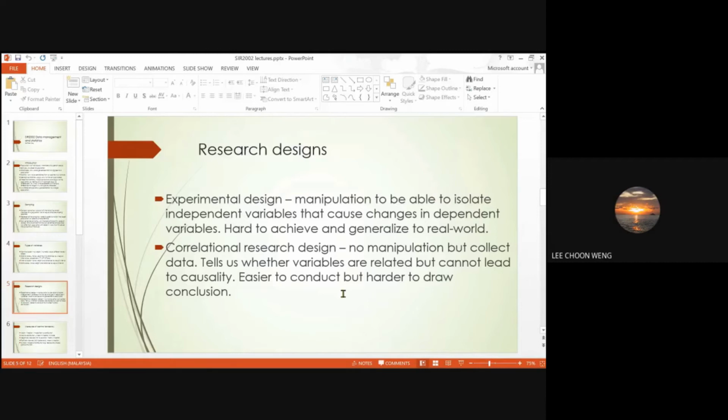Maybe in temperate countries, during summer it's warm, so you'll get bacterial growth rates when it's warm. Winter is cold, you get bacterial growth rates when it's cold. Then from there, you carry out correlation analysis to see whether the bacterial growth rate actually relates to the in situ temperature that you're measuring.